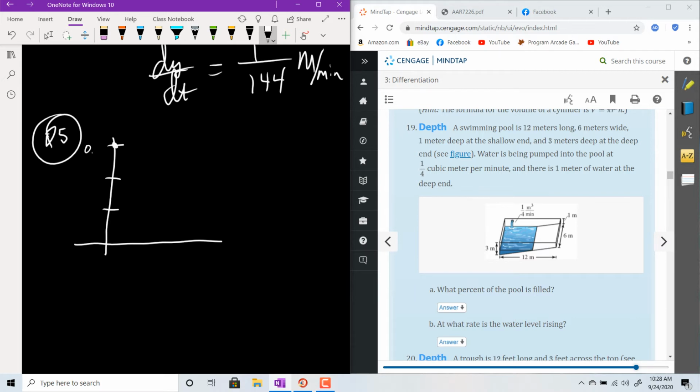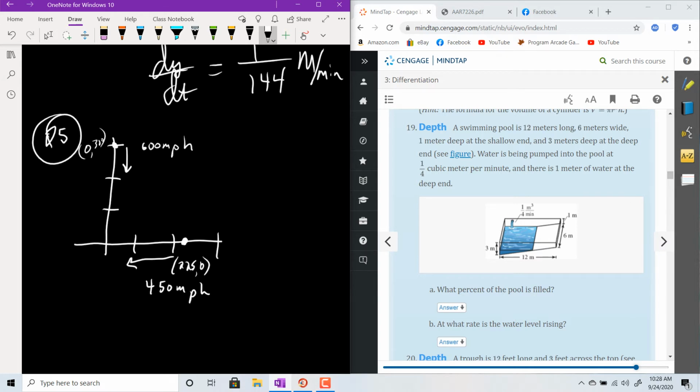Okay, so 0, 300, going towards the origin at a rate of 600 miles per hour. And then we have another plane that's 225 miles out, moving towards the origin at a rate of 450 miles per hour.